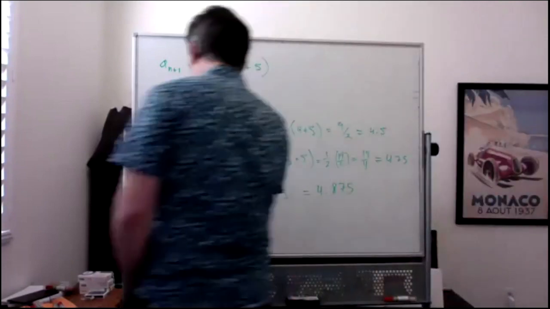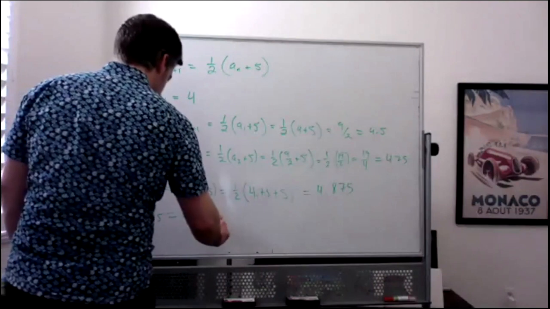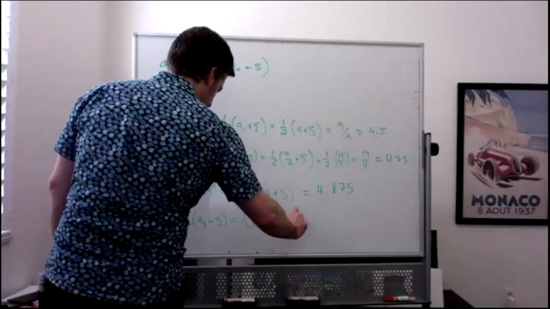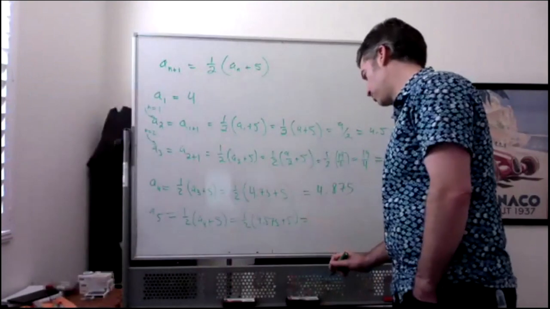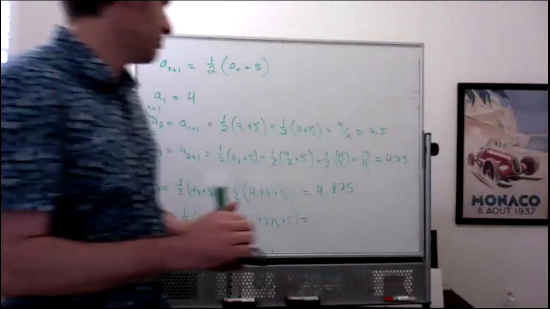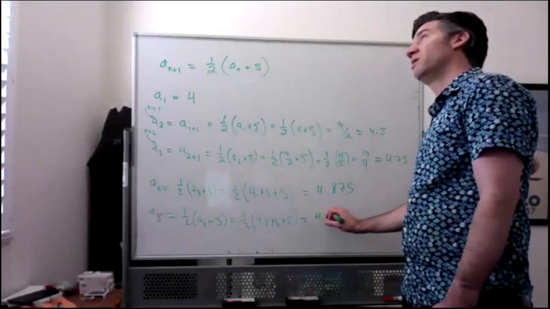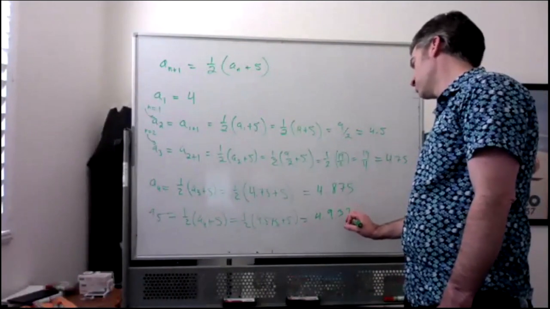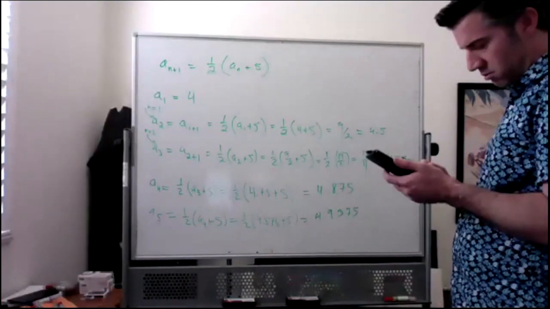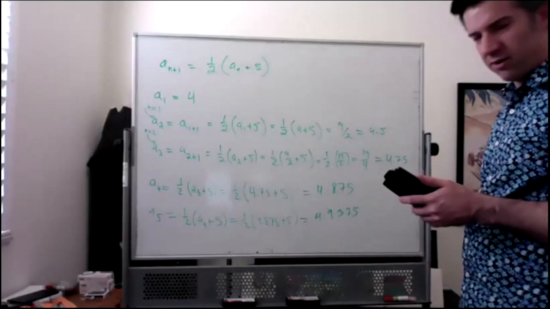A sub 5 would be 1/2 of a sub 4 plus 5, which is 1/2 of 4.875 plus 5. And that ends up being, let me check the calculator, 4.9375. Yeah, got it right. Feel good about that.